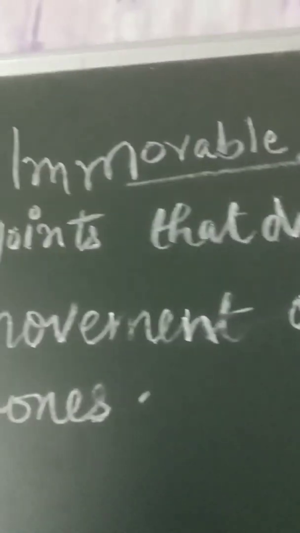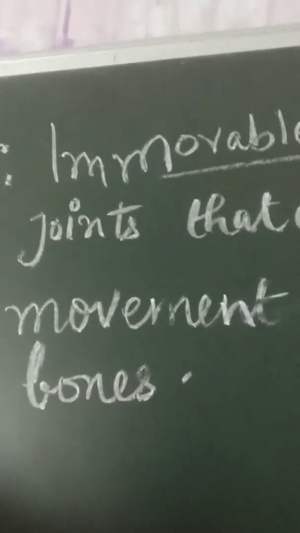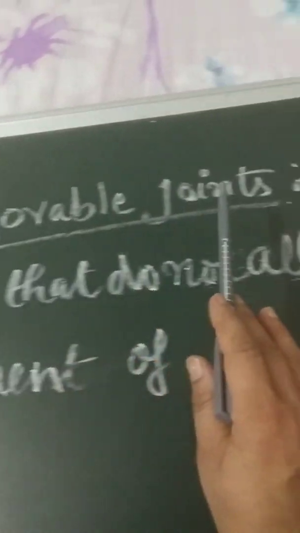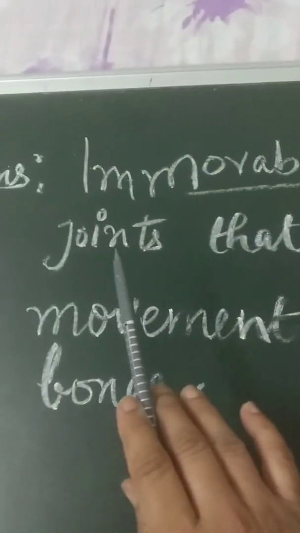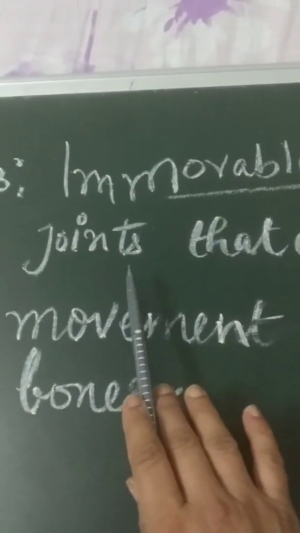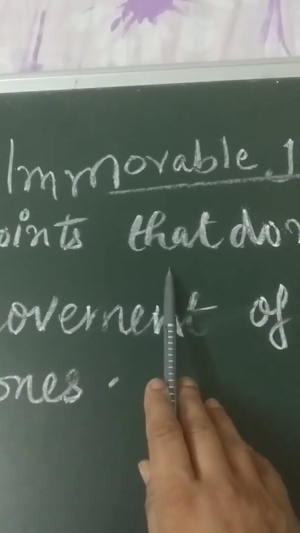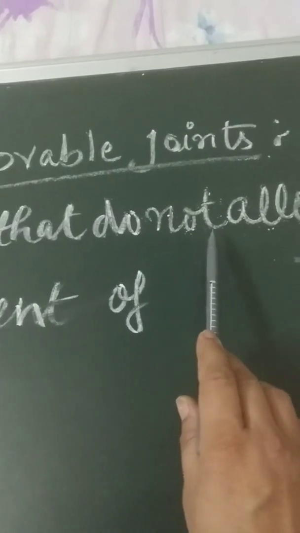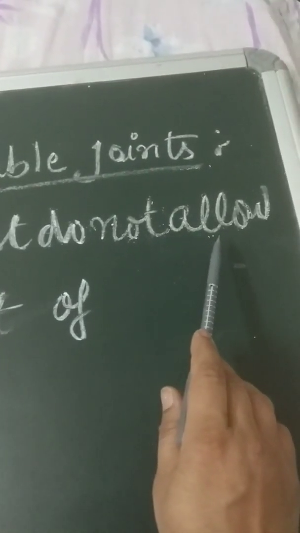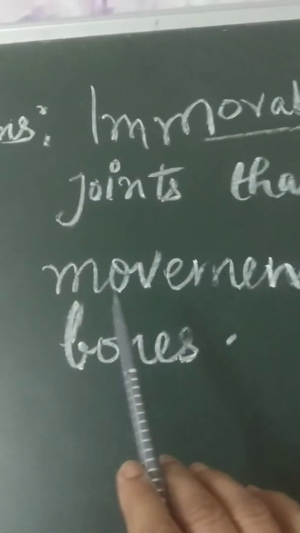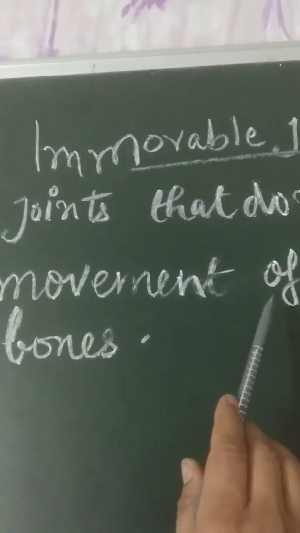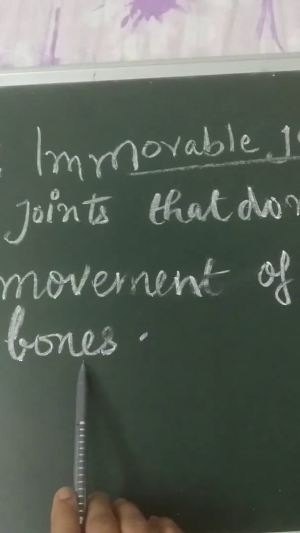Immovable joint. Note down. Immovable joint: joints that do not allow movement of bones.